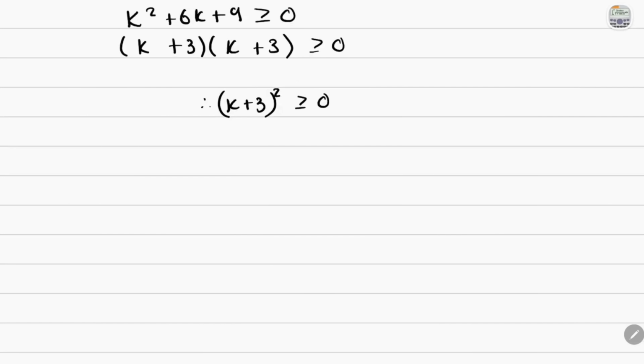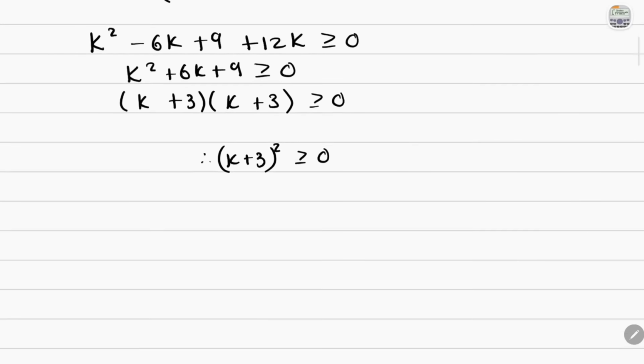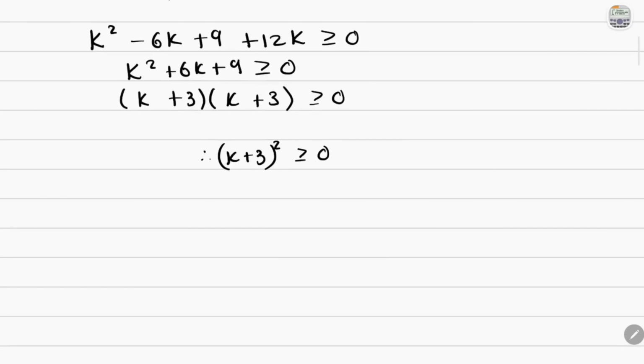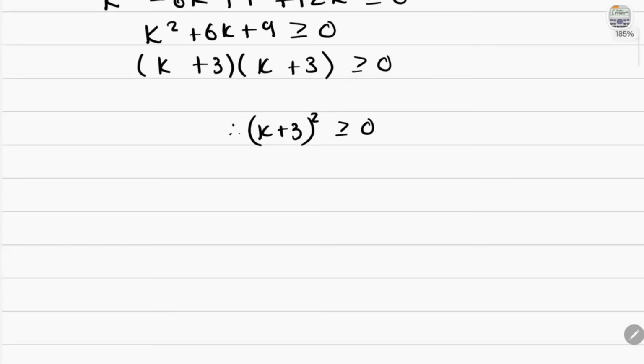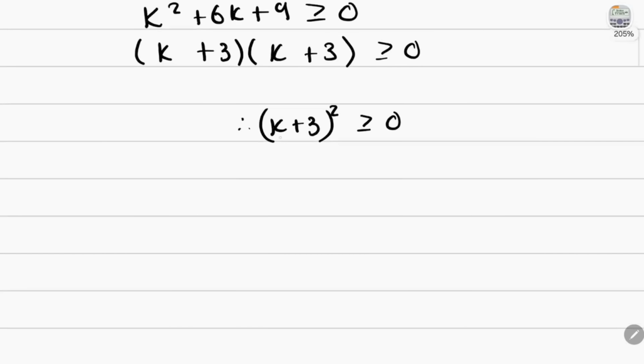And then to solve for k here, it can be tempting to just say, let's square root both sides. This is not an equation, okay? This is an inequality. When you're looking for the values of k for which this expression is always greater than or equal to 0, let's think about it algebraically first, and then we can look at a graph. You're saying a value plus 3, and then you square it.